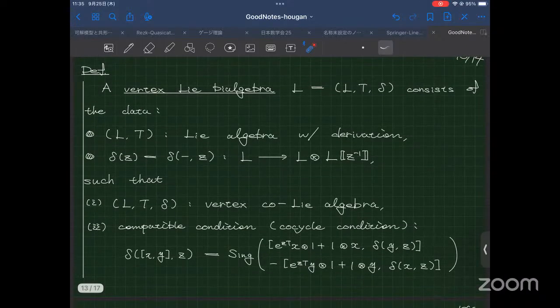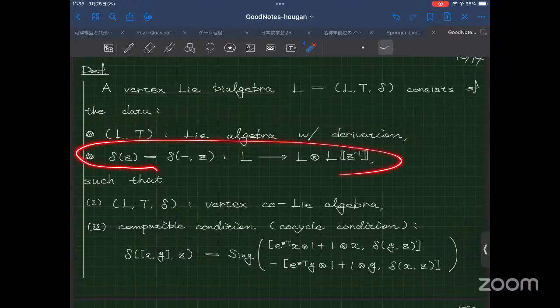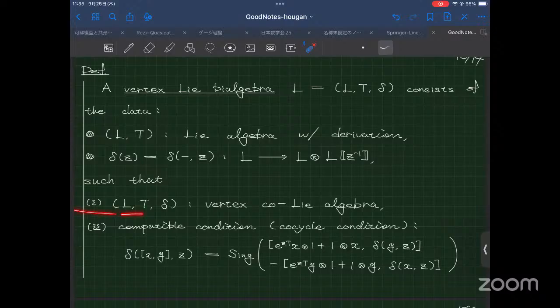So we have an abstract definition: a vertex Lie bialgebra is an algebra with a derivation and a product such that L with the coproduct delta forms a vertex Lie coalgebra, and it satisfies the compatibility conditions.